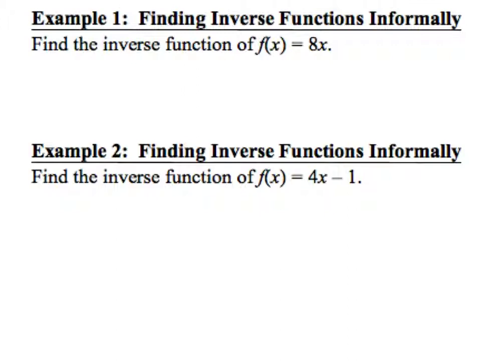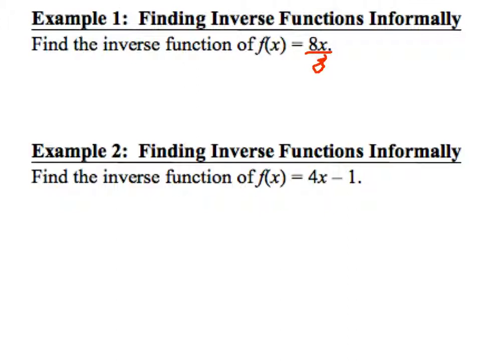Okay, whenever you want to find an inverse informally, if you look at just a basic simple function, for example 1 here, you have f of x equals 8x. Well, in order to find the inverse informally, the way to get rid of this 8 times x is to divide by 8.